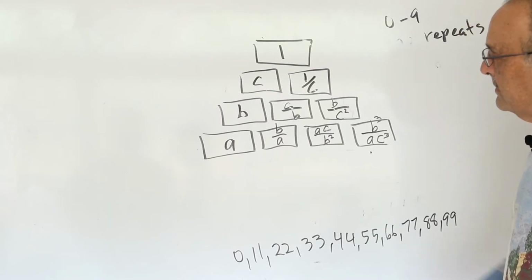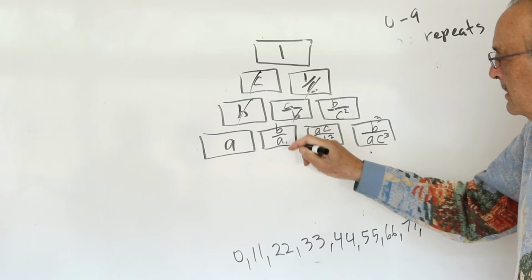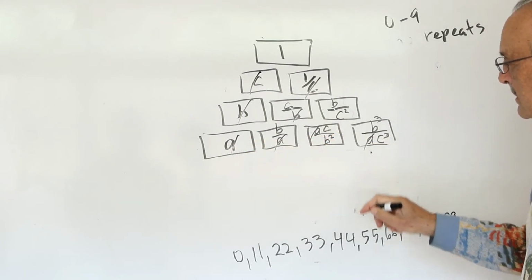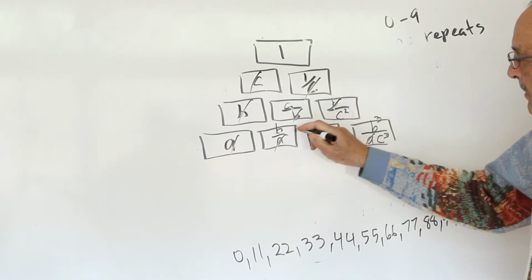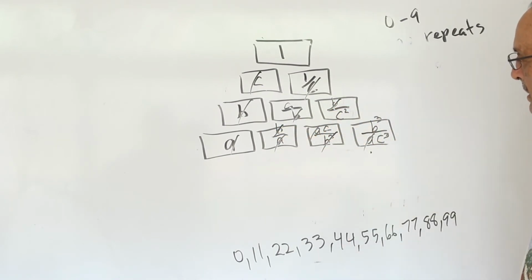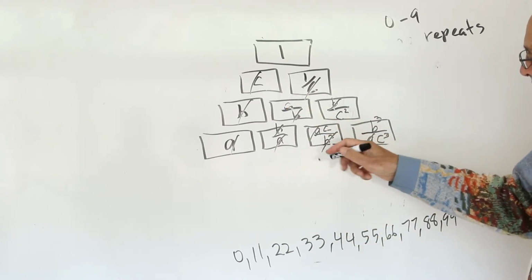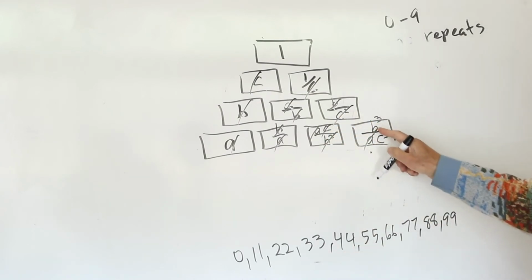So we can cancel C and C, B and B, A and A and A. We can cancel these 2 B's with B squared. And we can cancel these 2 C's with C squared. So we're left with B cubed over C cubed.